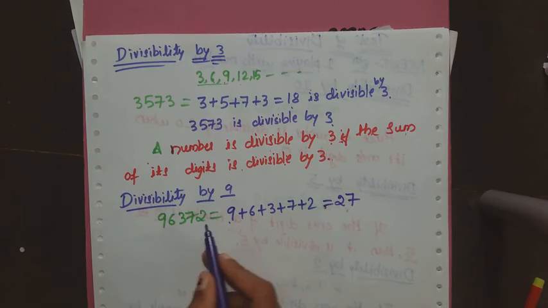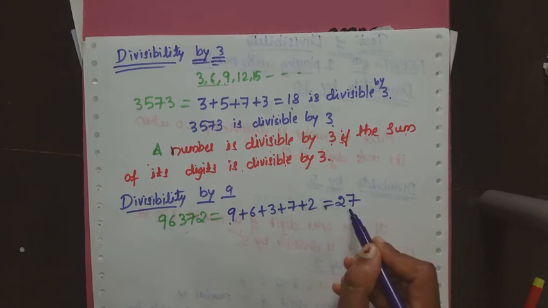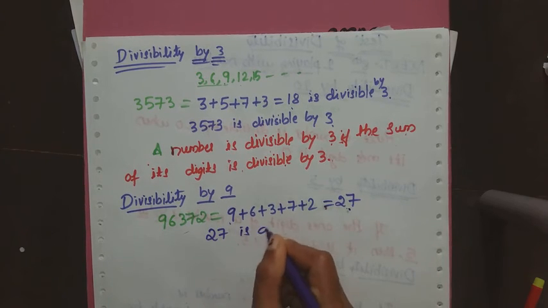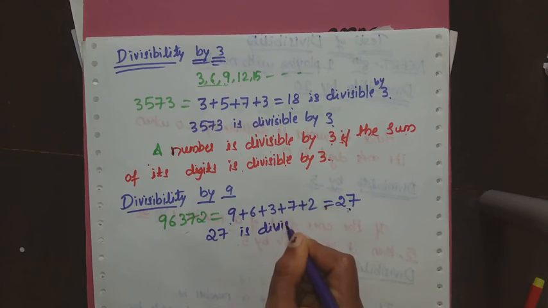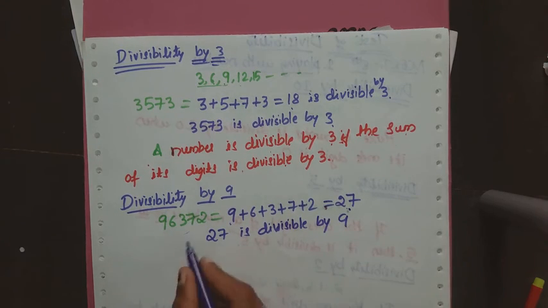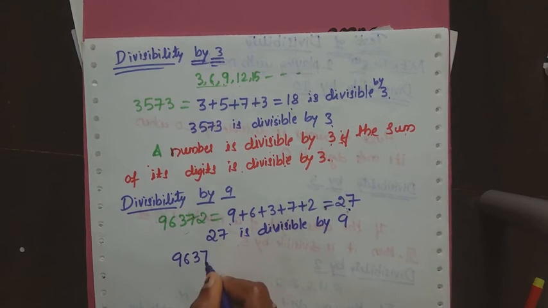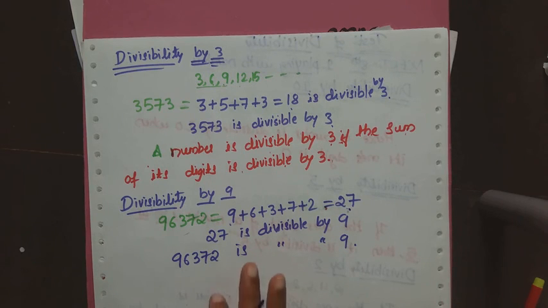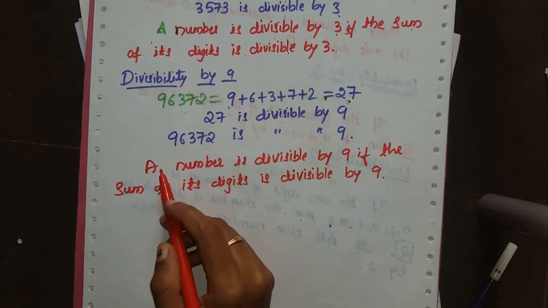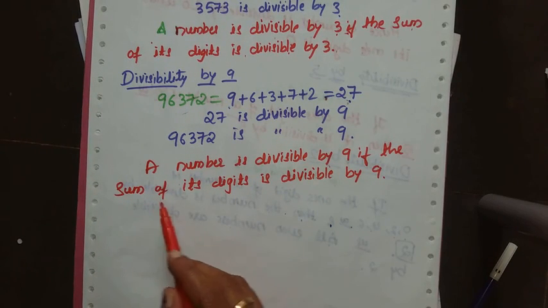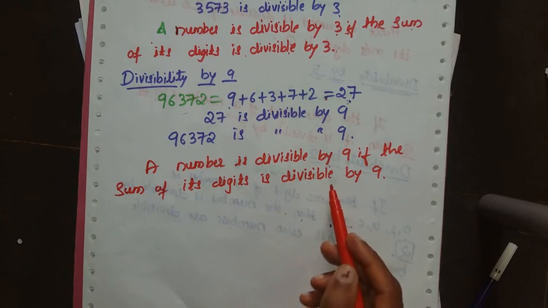The sum of digits of the given number is 27, and 27 is divisible by 9. So 96,372 is also divisible by 9. Hence we can conclude a number is divisible by 9 if the sum of its digits is divisible by 9.